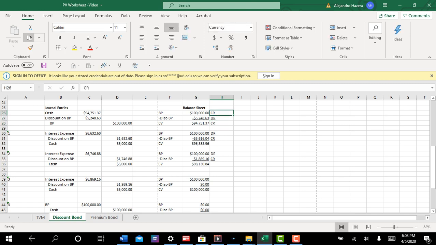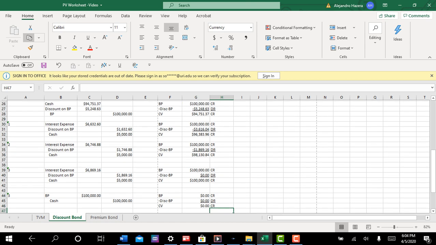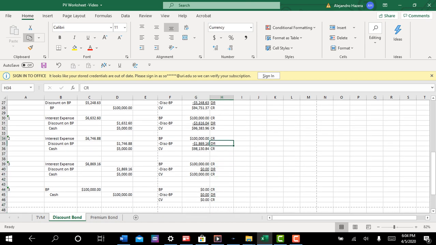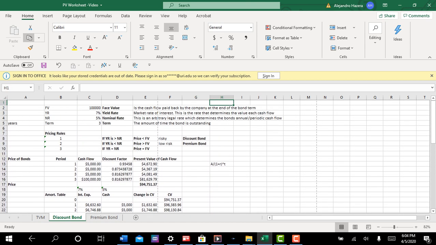You have a $100,000 credit minus discount gives you a net credit. So let me emphasize that the result of all this in the liability section of your balance sheet are these amounts right here, and that amount right there. Okay, and so that's how you account for a discount bond.